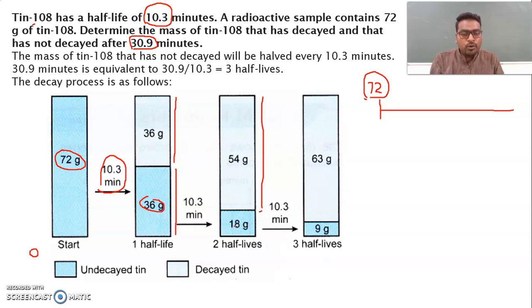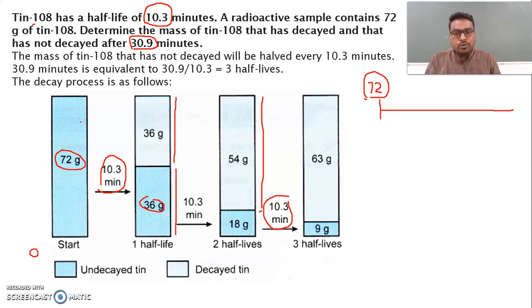That means to reduce 18 gram to 9 gram, it takes one half-life, that is 10.3 minutes. So in every interval of 10.3 minutes, it goes on reducing to half of the value at that particular point. In the beginning there is 72 gram.